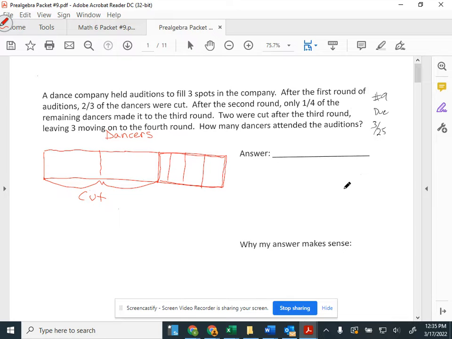Not very even. They should be even, but I wasn't being very even with those. So I know that the first group was cut in the first round. If 1/4 move on, then I know 3 of the 4 are cut in our second round.